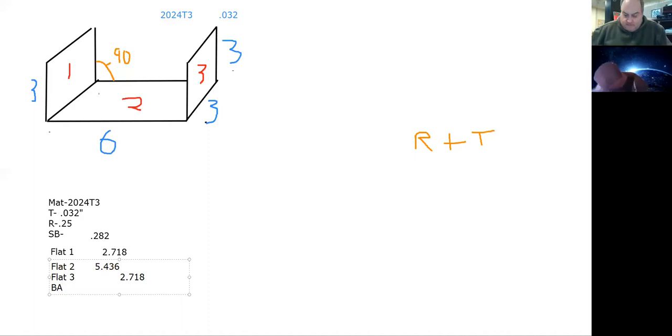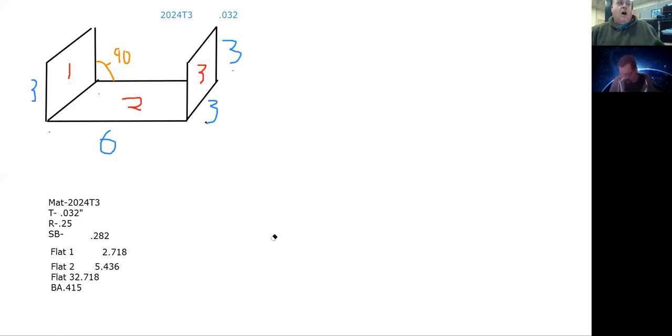Yeah, 0.415. Correct. 0.415 becomes our bend allowance.